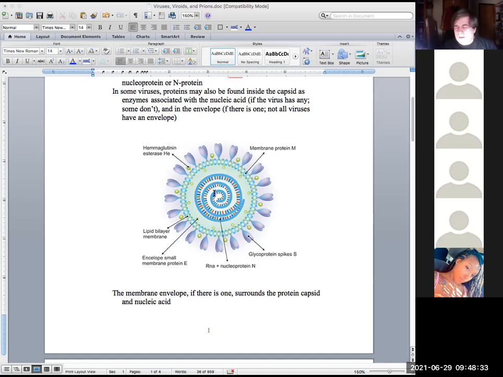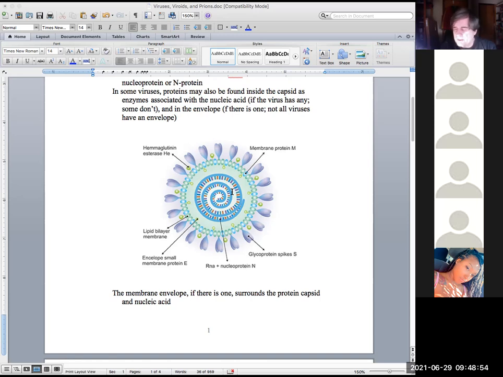These are the only two things that we have to have in a virus. When we look at viruses, viruses have nucleic acid. The nucleic acid is the instructions to make proteins. We have a protein capsid, and these are the proteins that the virus has the instructions for.